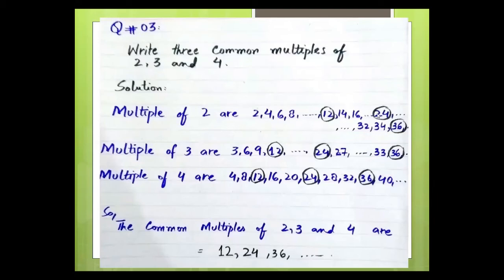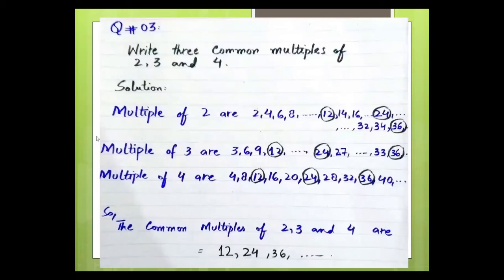We list out so many multiples of 2, and similarly many multiples of 3, but fewer multiples of 4, because with 4 we can find the common multiples very easily. So the multiples of 4 are 4, 8, 12, 16, 20, 24, 28, 32, 36, 40, 44 and so on.